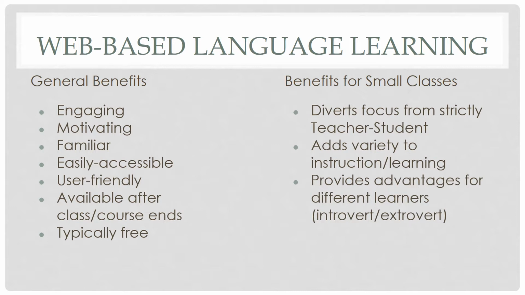It also provides advantages for different types of learners. If quieter students tend to hide or be less inclined to participate in discussions, they might be more participatory when working on a mobile app that's engaging and interactive. In the same way, if you have a very vocal student that might tend to dominate discussions, this could channel that energy in a different direction.